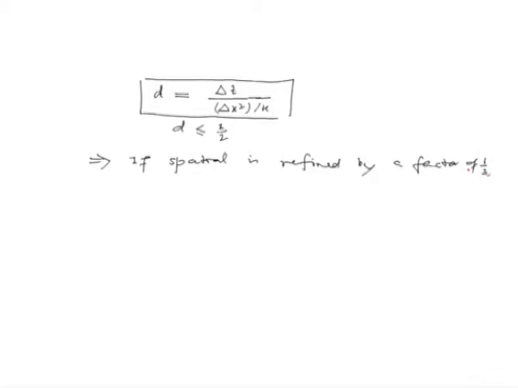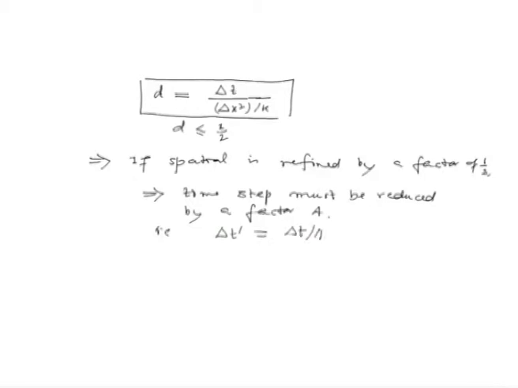the definition of d and this requirement says that the time step must be reduced by a factor of 4, that is our new delta t prime should be delta t by 4.